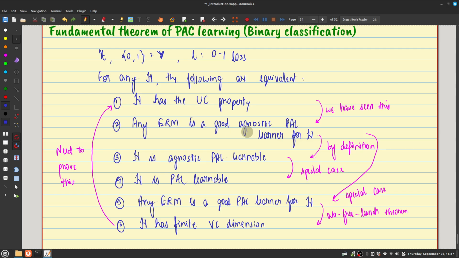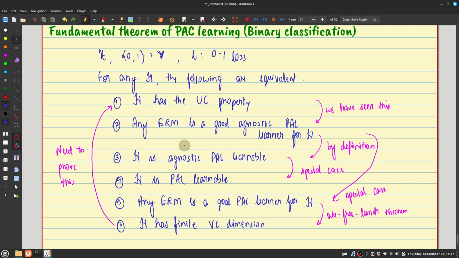By good agnostic PAC learner, I mean that it achieves a sample complexity, the number of samples that you require to achieve an epsilon-delta error, that is pretty close to the best possible.